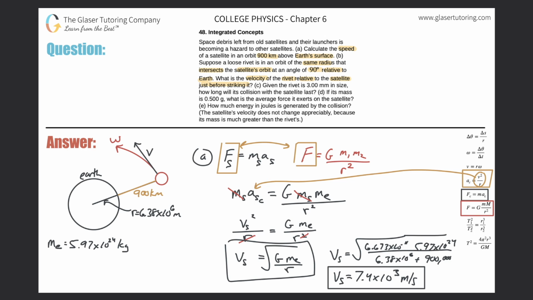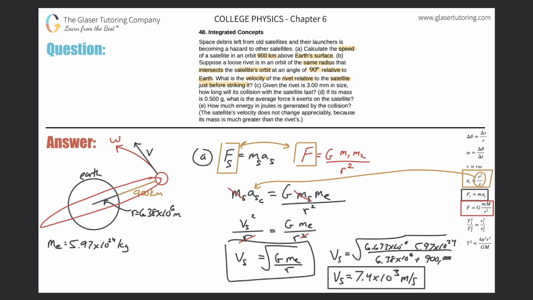It's hard to represent this on a two-dimensional screen here, but the rivet would have an orbit like this, in this direction, around the Earth, and it would intersect right here. So pretend that this part I just drew in red should be three-dimensional, all right? Hopefully that makes a little sense. Now, let me just get rid of that. Just keep that in mind, okay? Actually, let me not get rid of it yet.